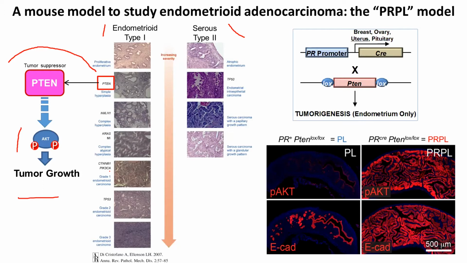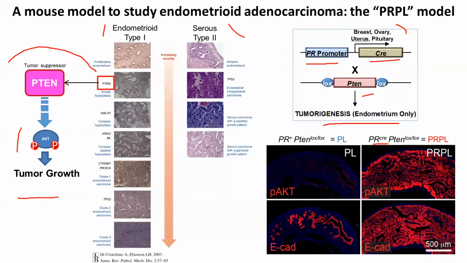So in the lab, we use a mouse model where the Cre recombinase is under the control of the progesterone receptor promoter, leading to a conditional deletion of the gene PTEN in different organs such as the breast, ovary, and uterus, leading to tumorigenesis only in the endometrium.